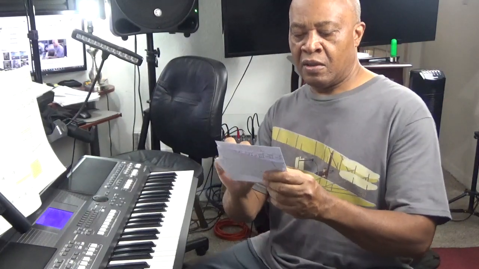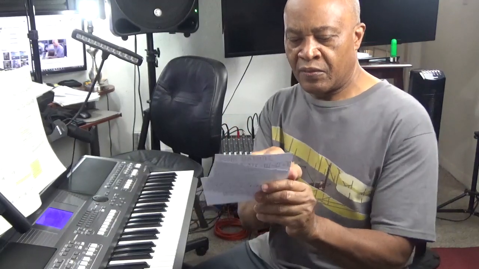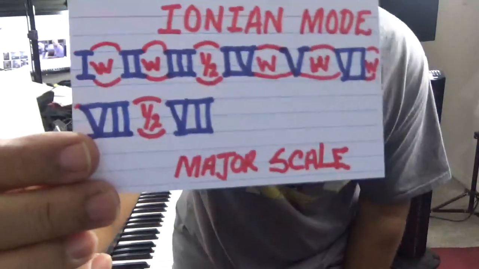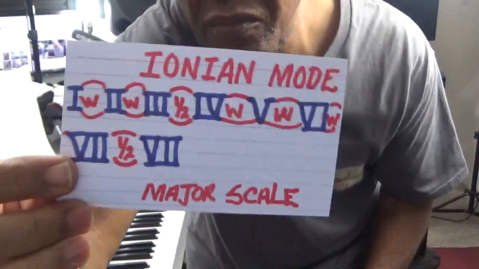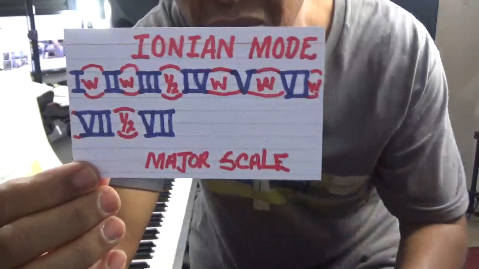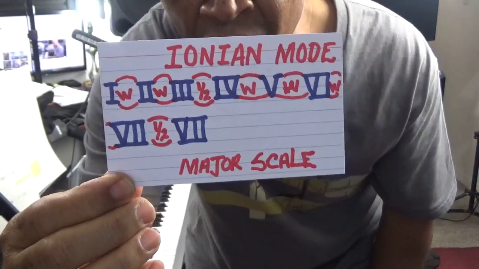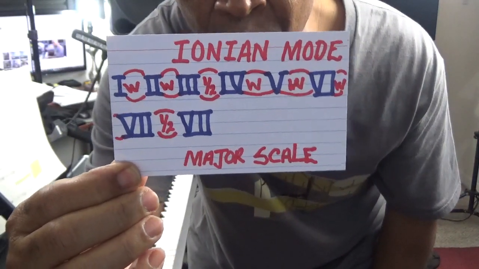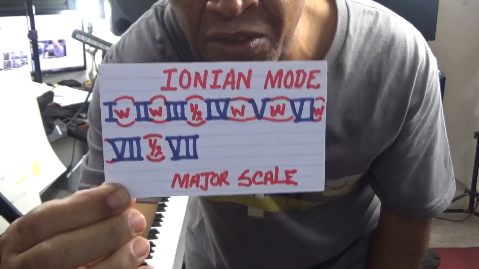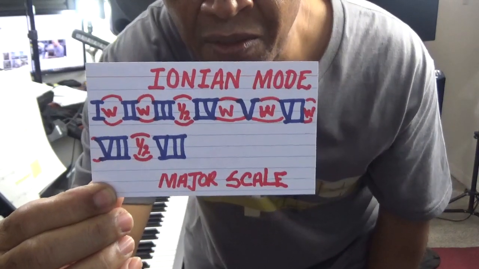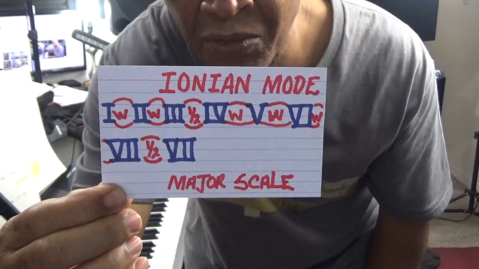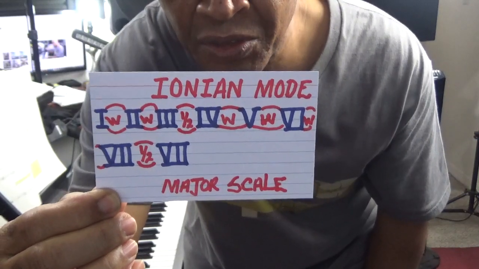This is a sketch. Like I said, I have Roman numerals, 1, 2, 3. This is the major scale, the Ionian mode, which is the mother of all the other modes in this scale.